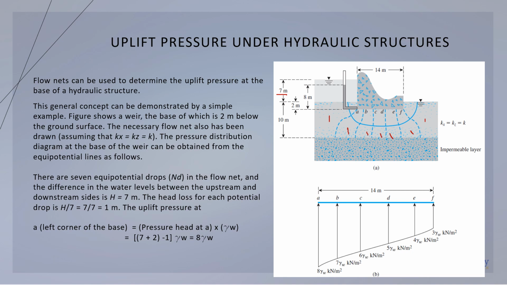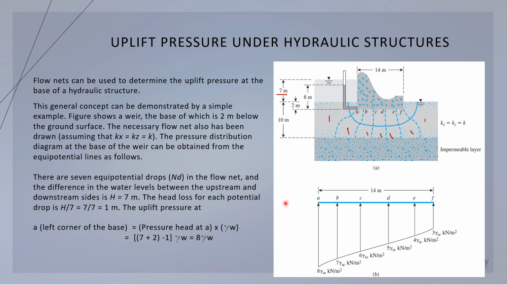So the uplift pressure at A, which is the left corner base, diri ang A nga part. So this is A here. That would be equal to the pressure head at A times the unit weight of water. Pressure man siya, so it has to have the unit for pressure, that is force over area.